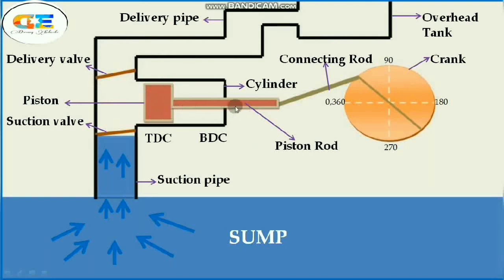This is a piston, and the rod connected to the piston is known as the piston rod. This is a piston cylinder arrangement. This is the TDC, top dead center. This is the bottom dead center, BDC. This is an overhead tank where the water is stored. This is a crank, and the rod connected to the crank and piston rod is known as the connecting rod.